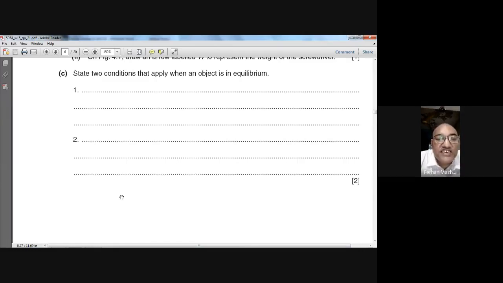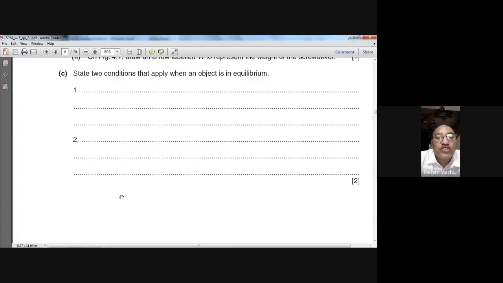This is the first condition. The second condition for a body to be in equilibrium is that the sum of the moments acting on the body should also be zero. So the first condition is that the sum of the forces should be zero, and the second condition is that the sum of the moments acting on the body should be zero.